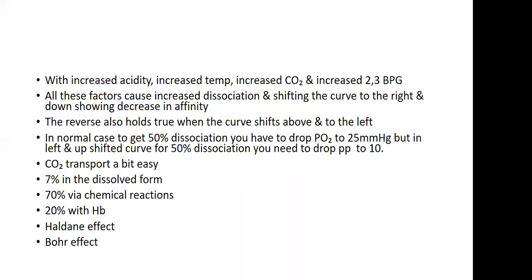This is probably a repetition, that with increased acidity, increased temperature, increased cardiac output, and increased 2,3 BPG, all these factors cause increased dissociation. Increased dissociation means less love of the hemoglobin for the oxygen. So it pushes out the oxygen. इस वास्ते इसको dissociation curve का नाम दिया है.